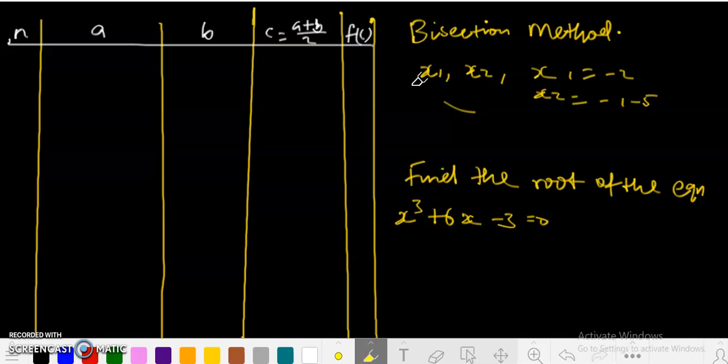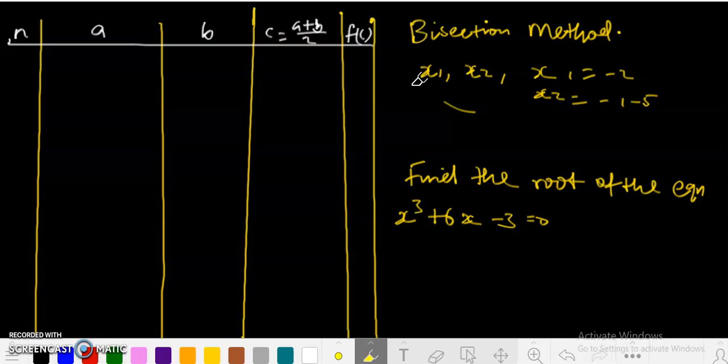What will you do? Just put in your calculator x cubed, the way it is. You press alpha, then you will see x, then cubed, plus 6x minus 3, and this is equal to 0.